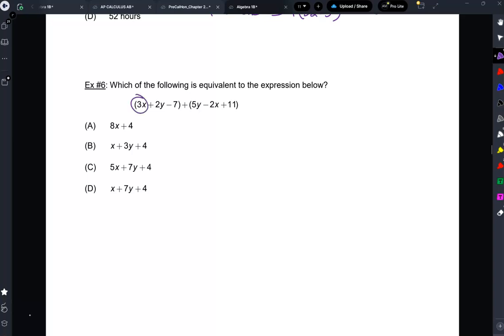You combine like terms, so 3x minus 2x, that's x. 2y plus 2y plus 5y, minus 7 plus 11, right? So that's D. All right? Okay.